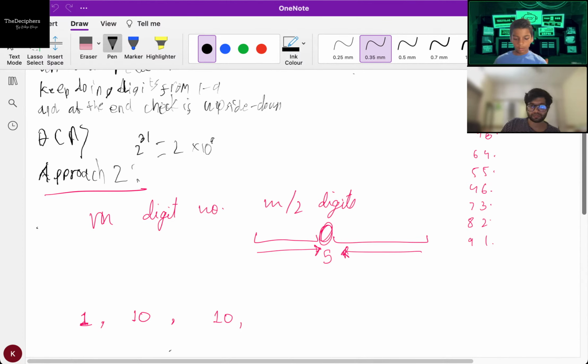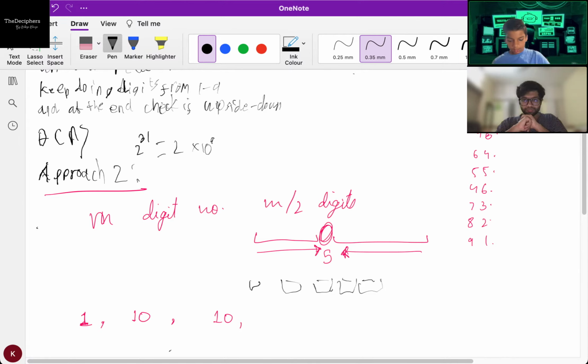So for 4 digits, there's 4 places. The first one can be 1 to 9, so 9 options, and the second one is determined by it to sum to 10, and then these two can be anything out of 10 numbers.